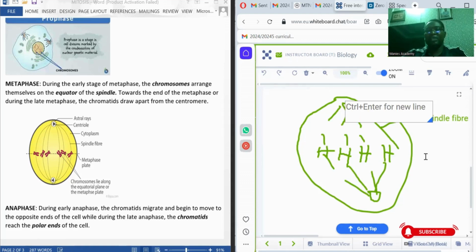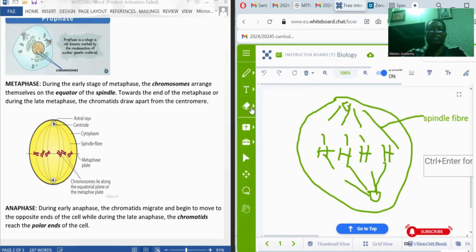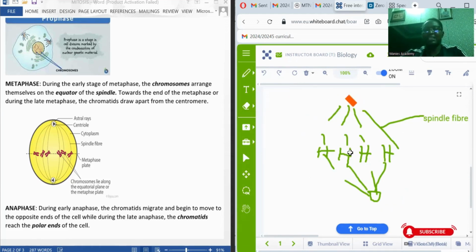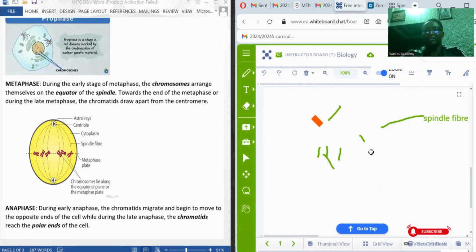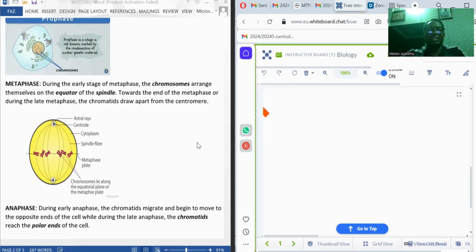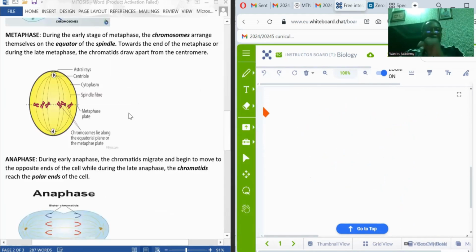So the major factor in this division is that the daughter cells are seen aligning at the center of the cell. So during the metaphase, the daughter cells are seen aligning at the center of the cell. And the daughter cells are held together by a spindle fiber. The spindle fiber holds them in position at the center. You can see the daughter cells align at the center of the cell.